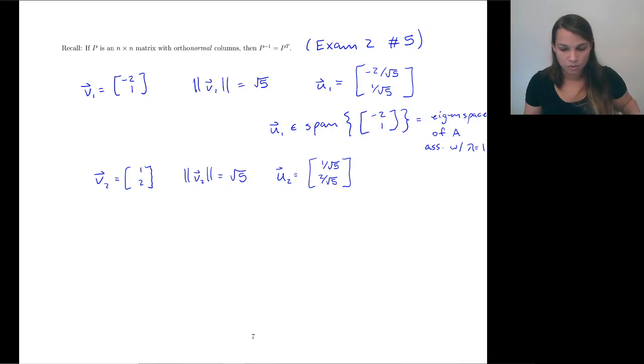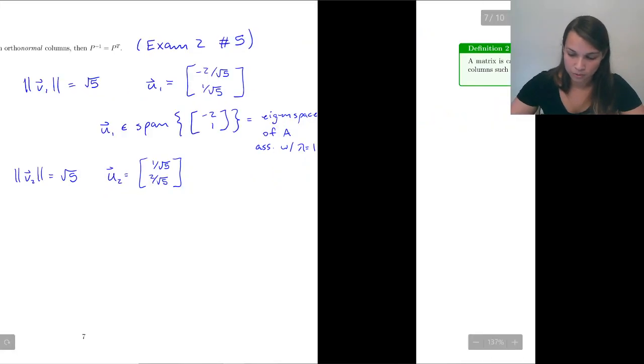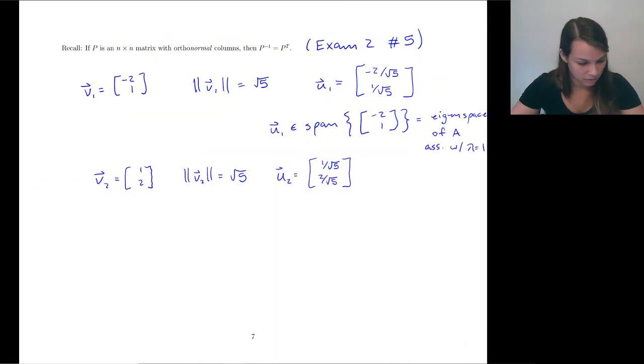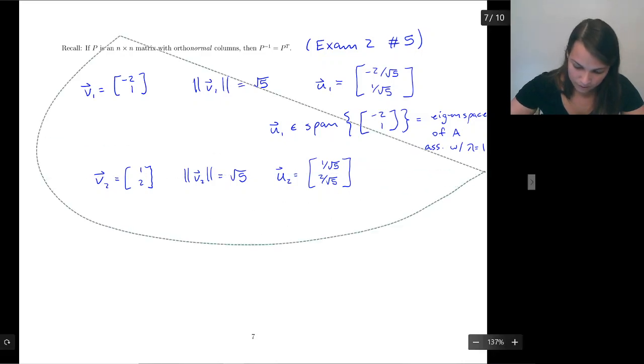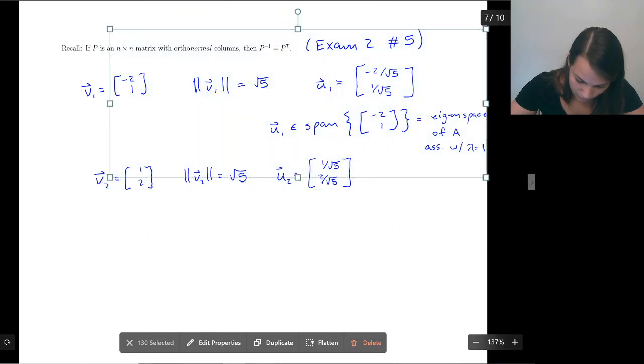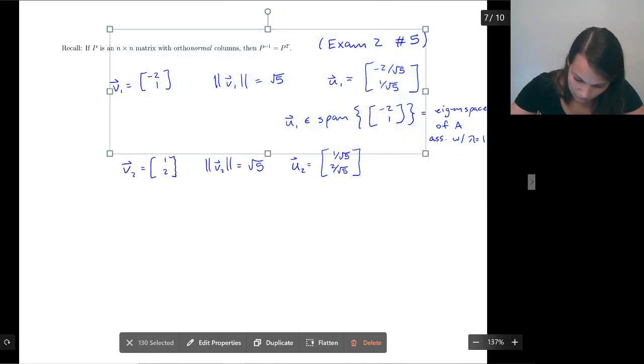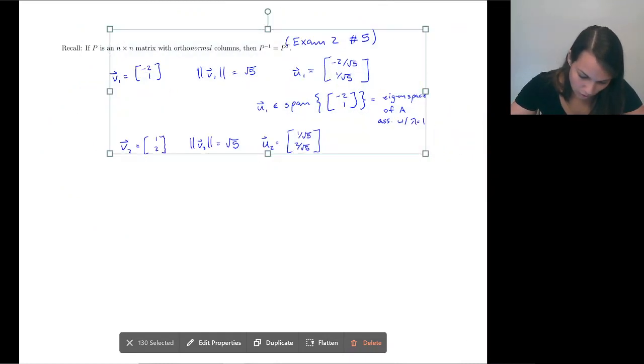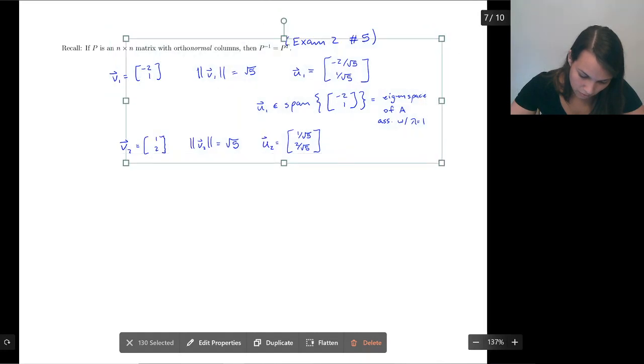So now we have orthonormal columns for P. That's pretty cool. Let's see, do I have space? I do not have space. Okay. Let's shrink this real fast so that I can talk about this.